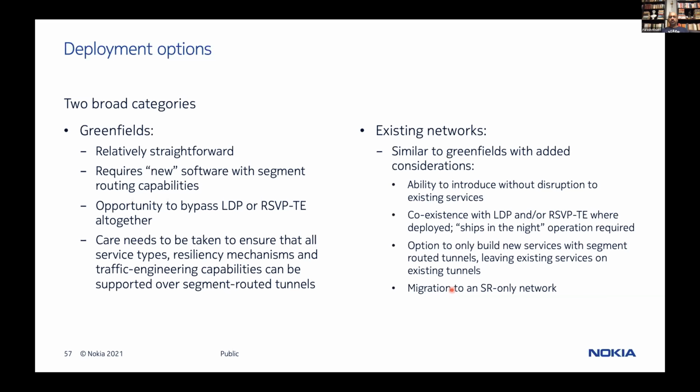Now, brownfield networks are actually not that dissimilar to greenfields, or at least the considerations are not that dissimilar, because segment routing, if you recall from the beginning of the presentation, one of the objectives and requirements that segment routing had imposed on itself was that there should be an ability to gracefully introduce it into existing networks.